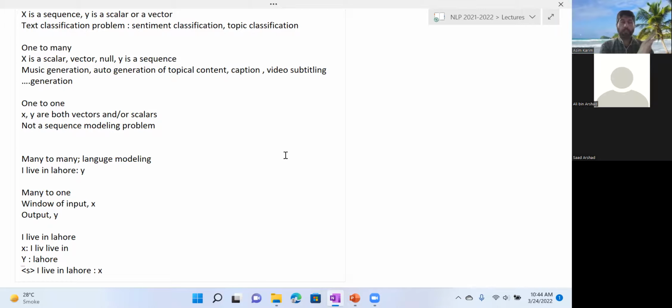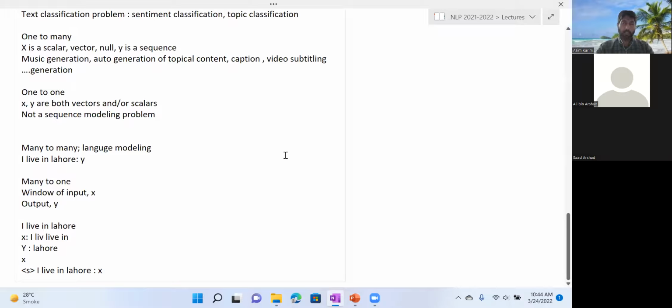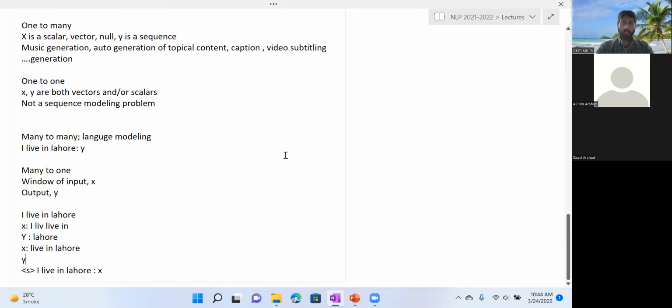So you're taking the three preceding words to predict the label for the next word. Then you move the window forward. So then next X would be live in Lahore, and Y, so let's say you have an end of sentence also. So Y would then of course be the end of sentence tag. Okay. So you can use sliding windows to do that if you want to, but that's not an elegant solution.